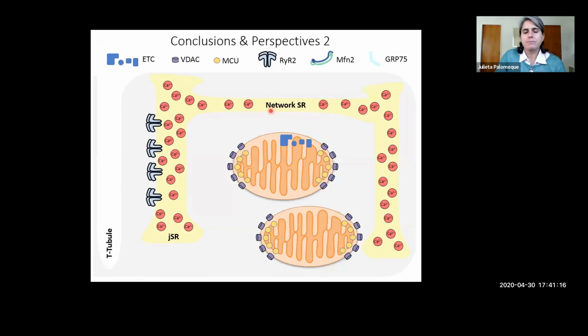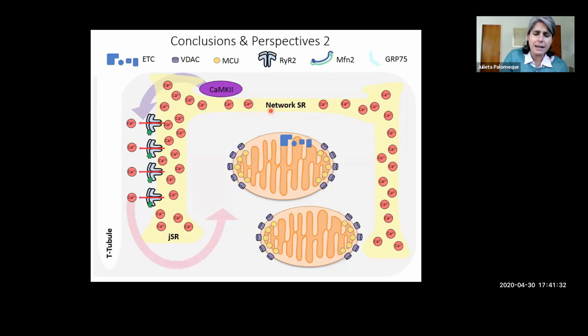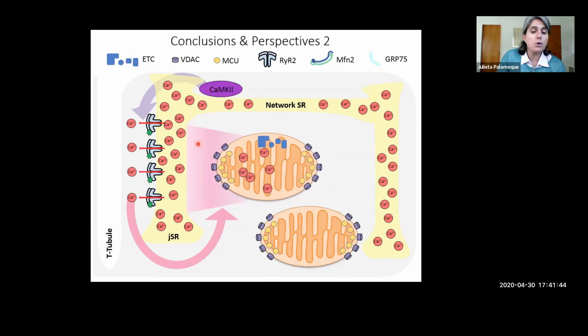So as conclusions and perspectives, we have that CaMKII is phosphorylating the RyR2s, and this is liberating the calcium and making more calcium go through the microdomain between mitochondria and sarcoplasmic reticulum, and this calcium is going inside the mitochondria.